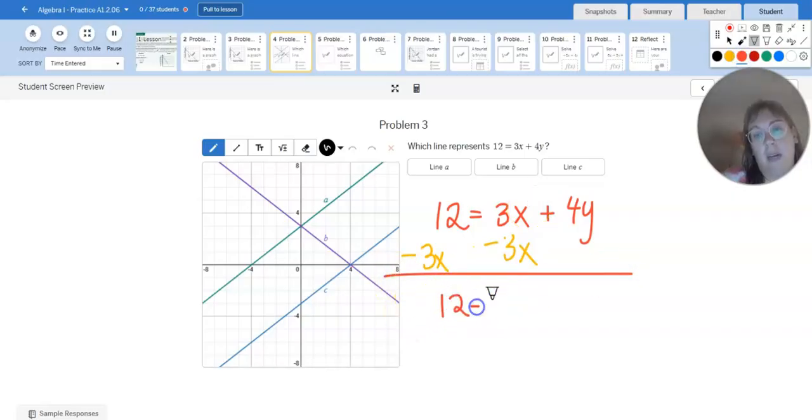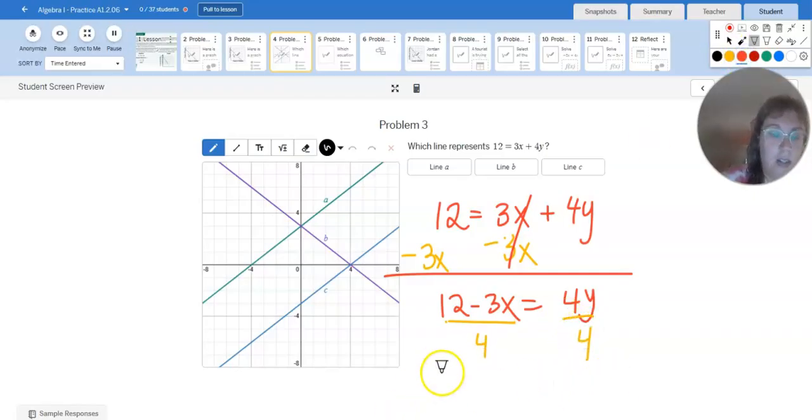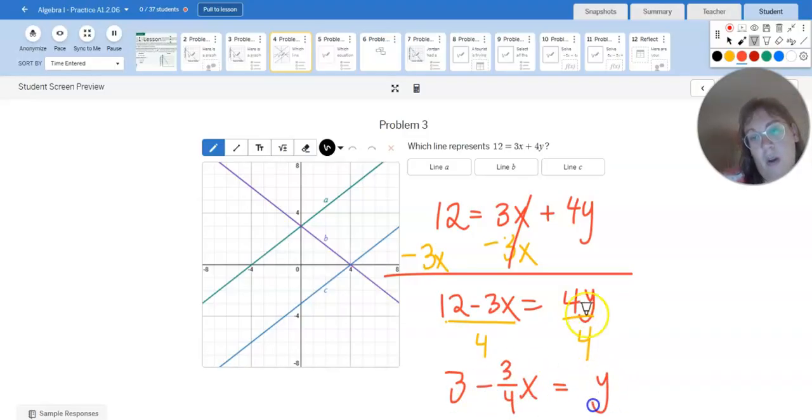And we have 12 minus 3x equals 4y. And then I'm going to divide everything by 4. 12 divided by 4 is 3 minus 3/4 x equals y. And then I'm just going to flip this so that it's y equals 3 minus 3/4 x.